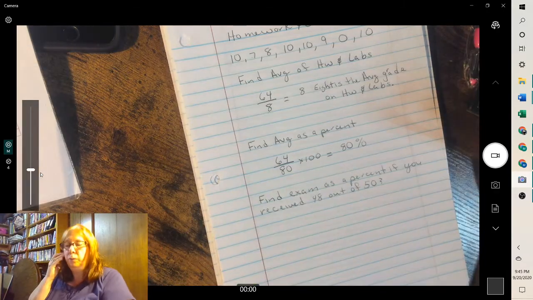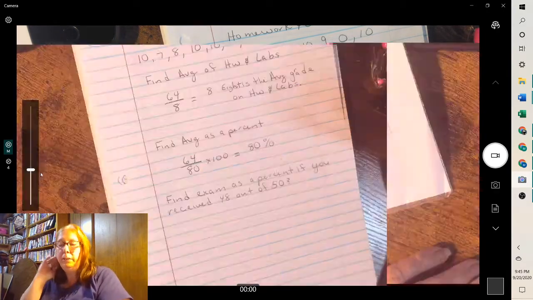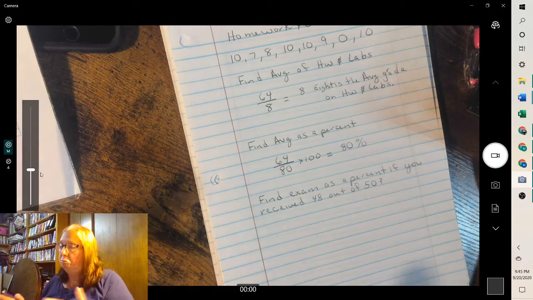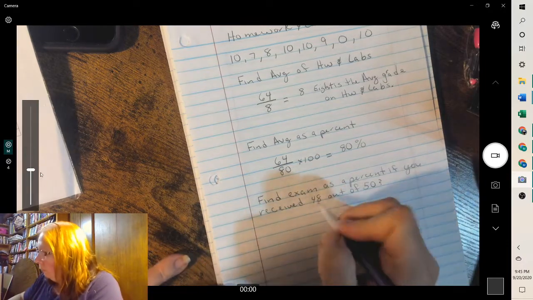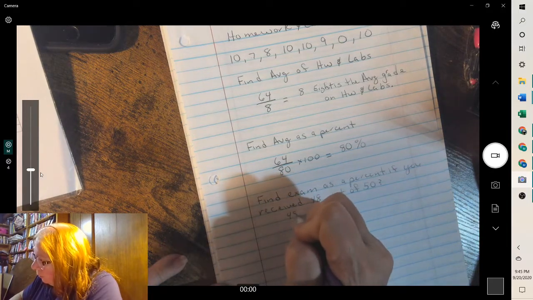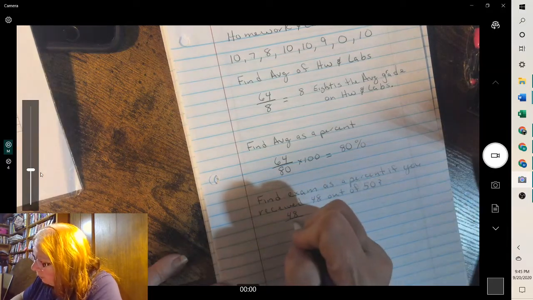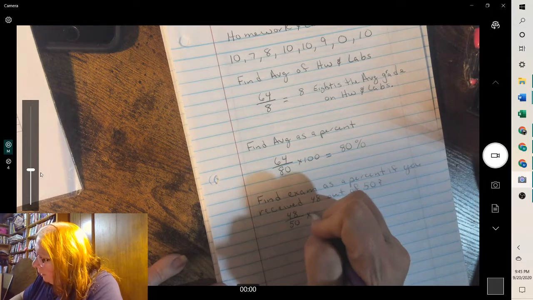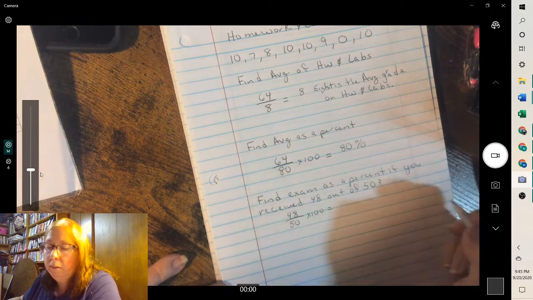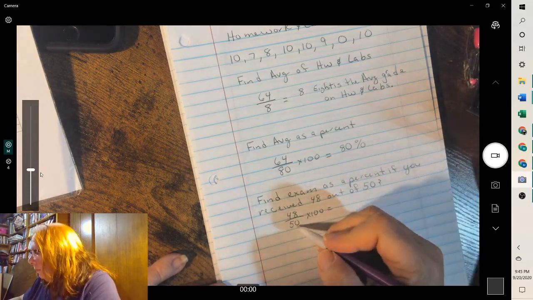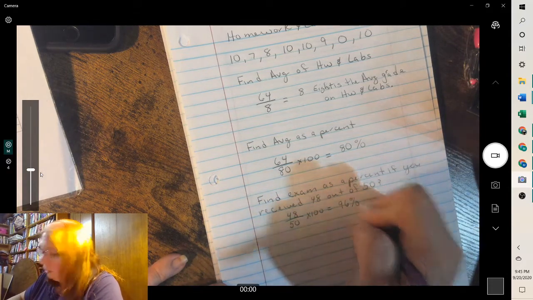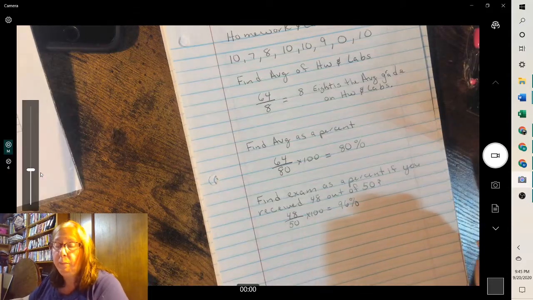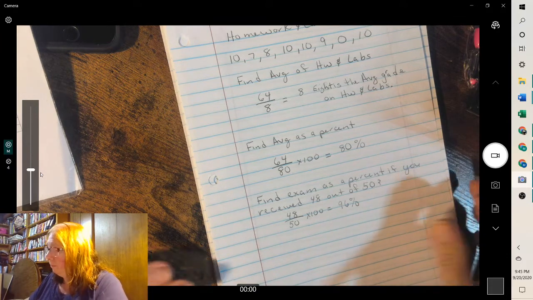So if an exam was worth 50 points and you received a 48, what percent did you get on the exam? So it was 48, total points was 50, and we multiply by 100 to make it a percent. So 48 divided by 50 times 100 is a 96%. So you get 96% on the exam.